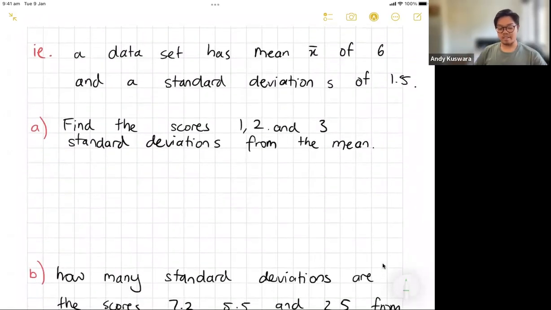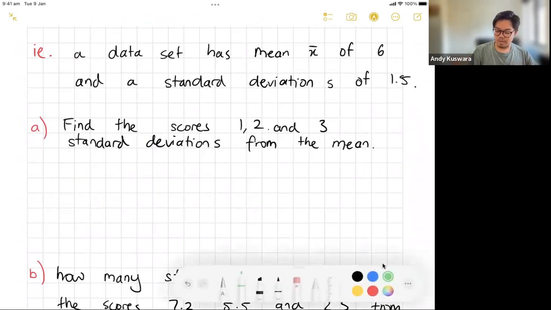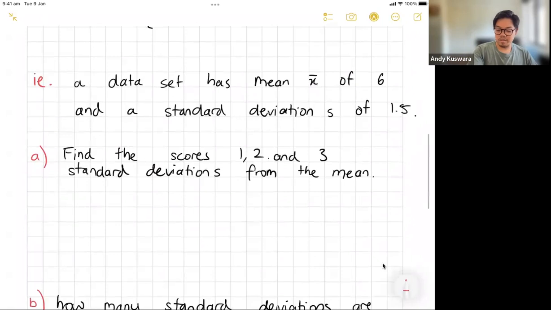They'll say a data set has a mean, and there are a lot of different ways that they write this. It could be mu, it could be x with a line on top, x bar. So it has a mean of 6 and a standard deviation s of 1.5. It says find the scores 1, 2, and 3 standard deviations from the mean.